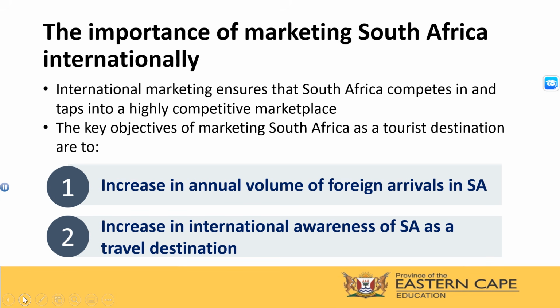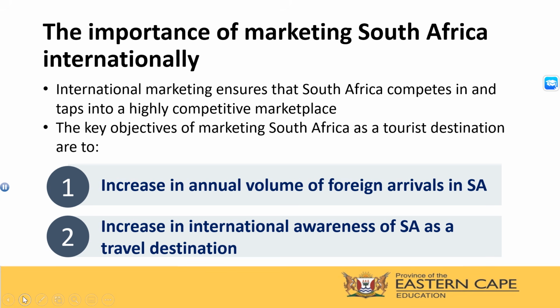Now, I'd just like to take you back to the beginning of grade 11. We learned about different types of flights. We had a short-haul, a medium-haul, and a long-haul flight. And in order for any tourist from one of those continents that I mentioned to come and visit South Africa, they would have to take a long-haul flight.